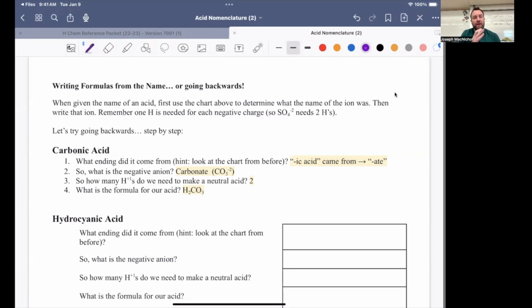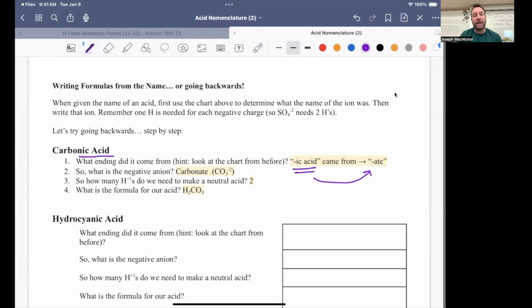Okay, now let's just go backwards, right? We're going to write the formula from the acid name. So again, just following the pattern, using the hints of the name to figure out what the ion was, and then we're going to figure out how many hydrogens are needed to make a neutral acid molecule. So if I was told that I had carbonic acid, I know that anything that's an ic acid came from the ate ion.